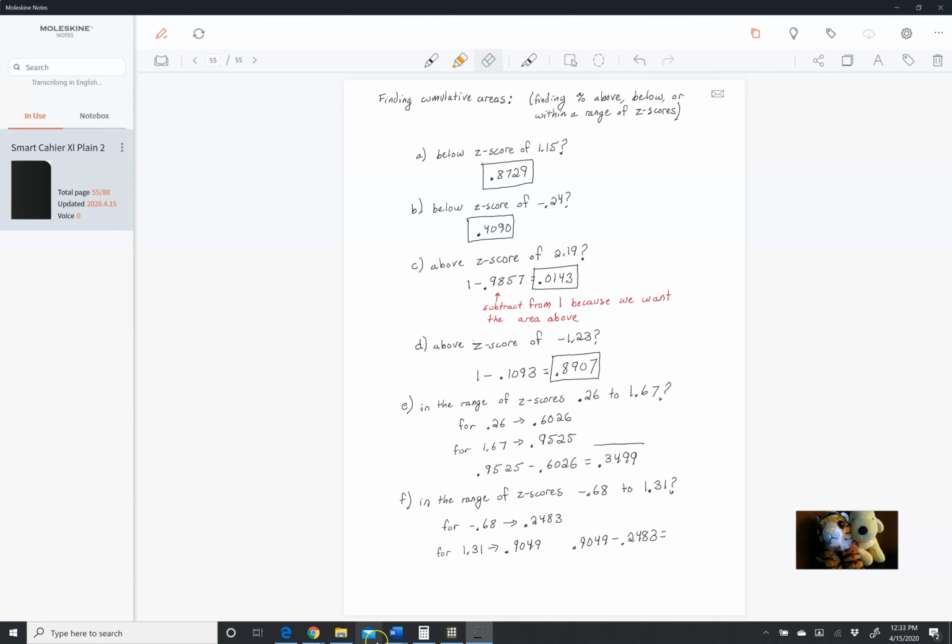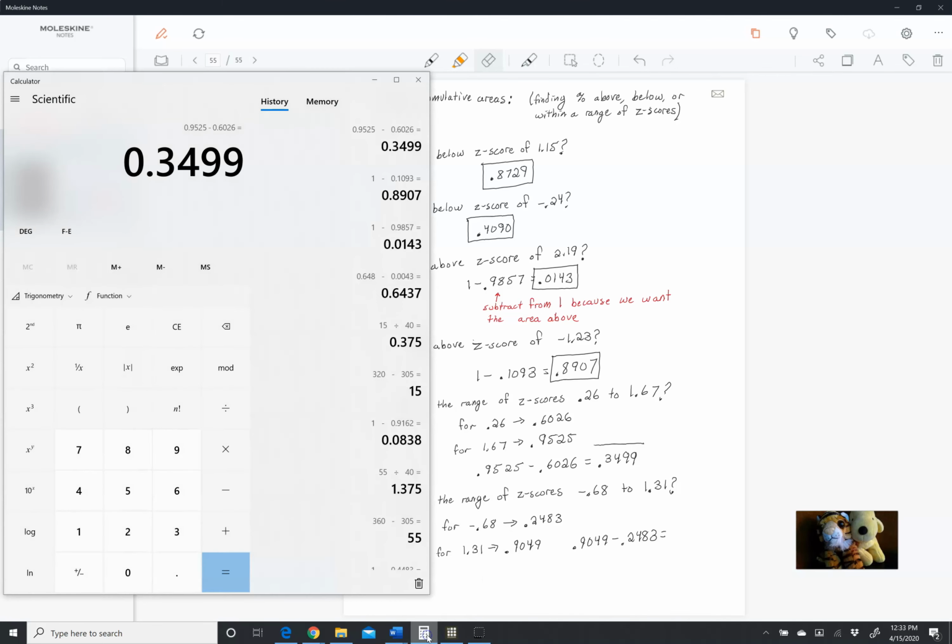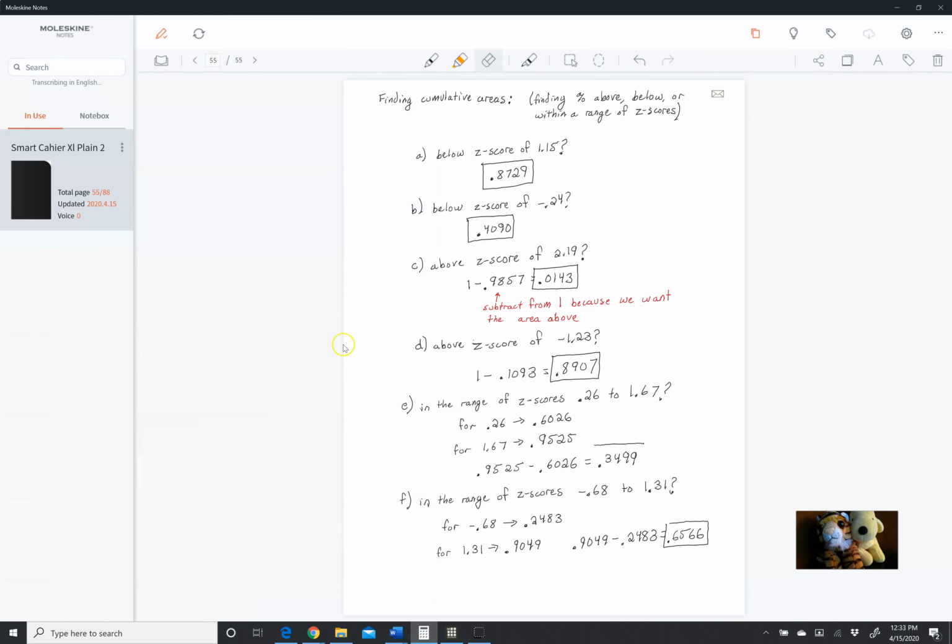If we do that, we just get 0.6566. And that's our answer there. So about 66% of the data falls within 0.68 standard deviations below the mean to 1.31 standard deviations above the mean. That's what this is telling us.